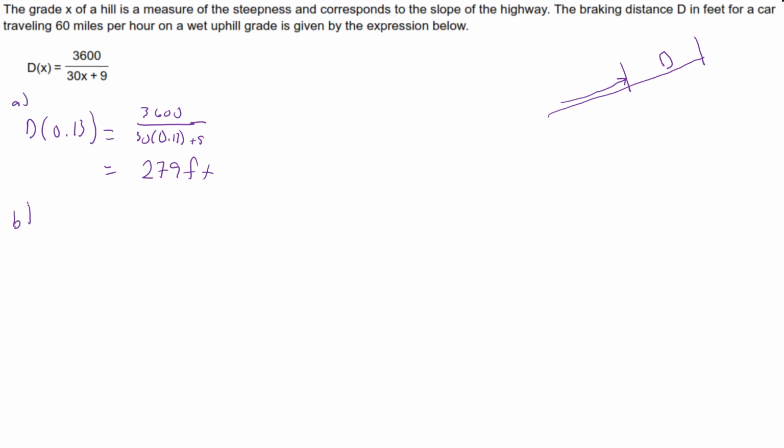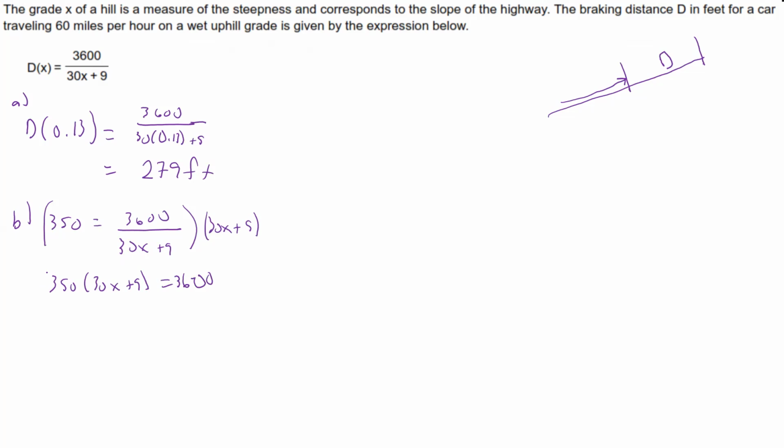Part B is asking, if the braking distance is 350 feet, what is our grade over the hill? So if the distance is 350, we say 350 equals 3,600 divided by 30x plus 9. Now we have to solve for x, so we multiply both sides by 30x plus 9, this cancels here, and we have 350 times 30x plus 9 equal to 3600.